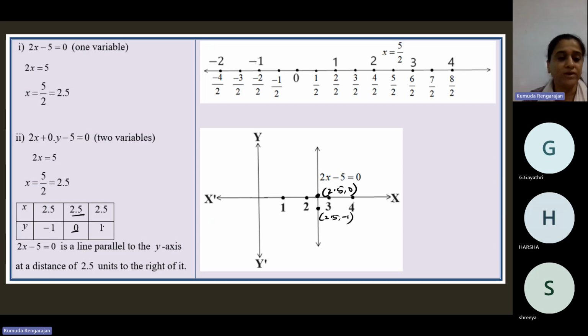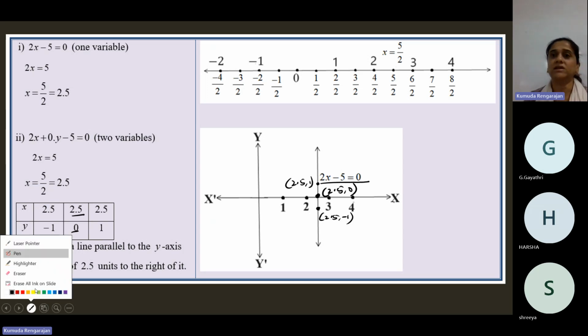And then plot 2.5 comma 1. This is 2.5 comma 1. Right? Now join these 3 points and you get this line. So this is the line that represents the equation 2x minus 5 is equal to 0 when it is considered as a linear equation in two variables x and y.